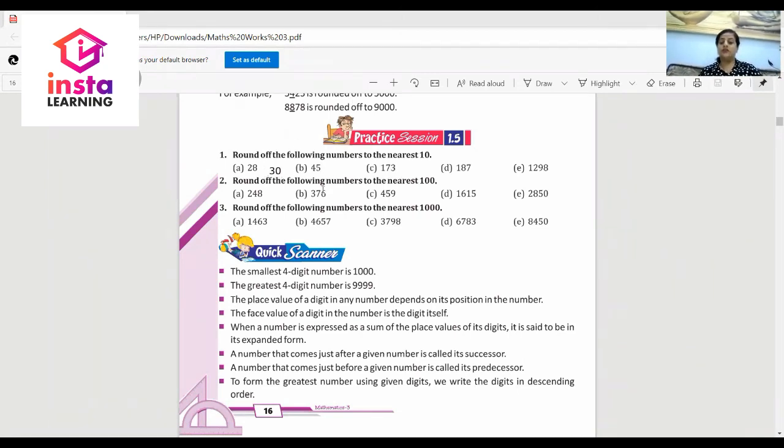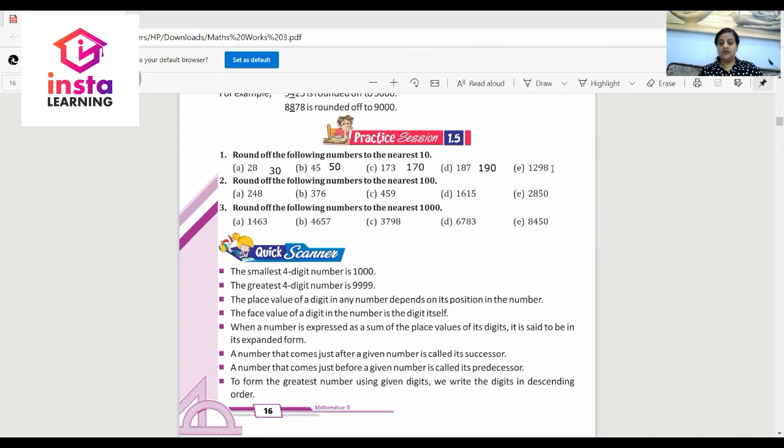Now it is 5, it is the middle number, so we will make it 50. We will add 1 at the 10's place, that is 4. 173 will be 170 only because 3 is the lesser number. 187 will be 190 because 8 plus 1 will be 9 and we put 0 at the one's place.